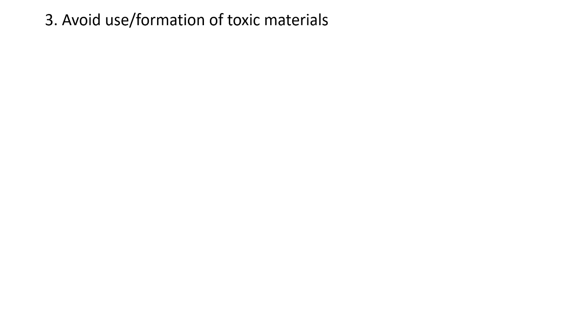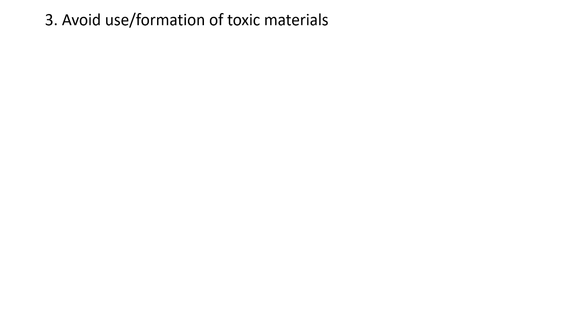So if you think before going for actual industrial operation, if you avoid the formation of toxic material, there are fewer chances of formation of byproducts. And the byproducts, if at all they are formed, when you avoid the formation of toxic material, are readily biodegradable.